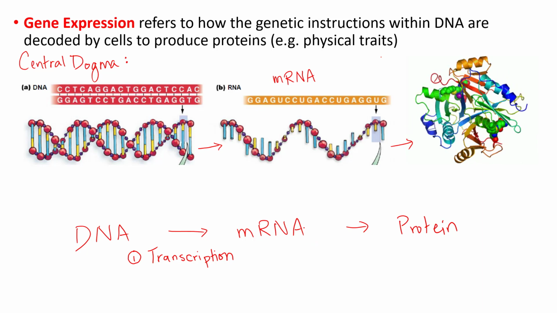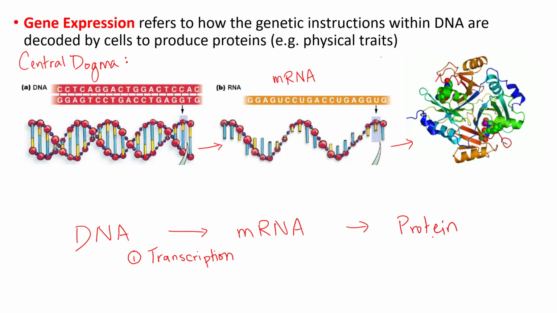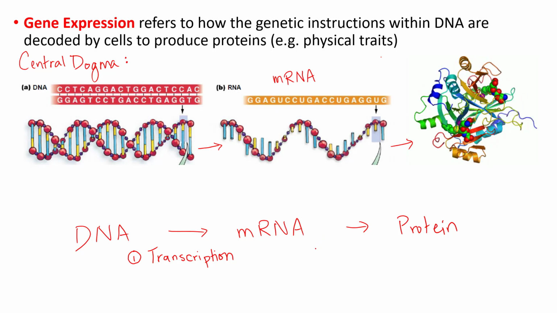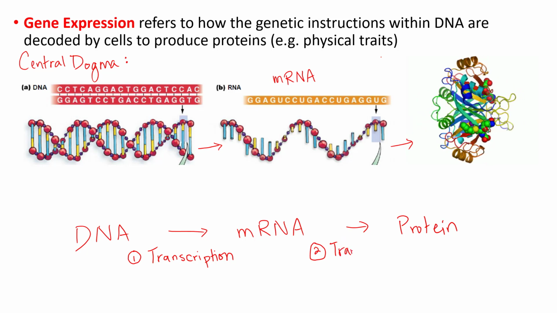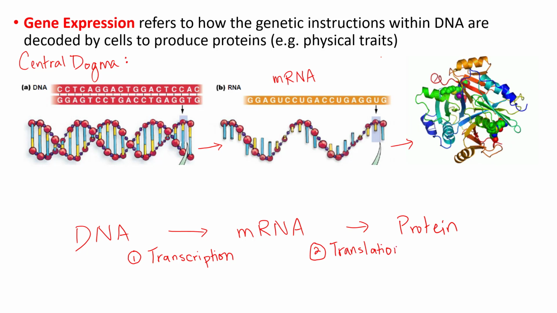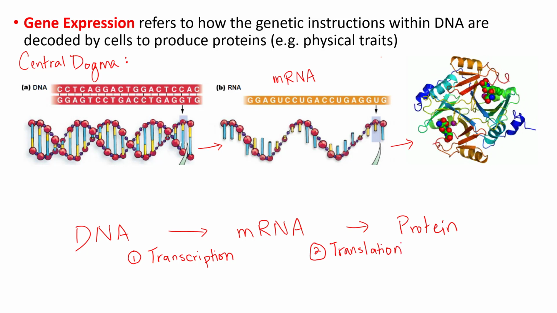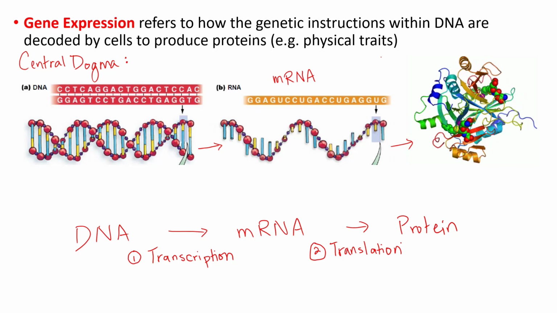The second step is what happens when the mRNA is used as a blueprint to tell the cells what protein to make. That is the second stage, and that stage is called translation. That word translation probably conjures up ideas of language translation, right?